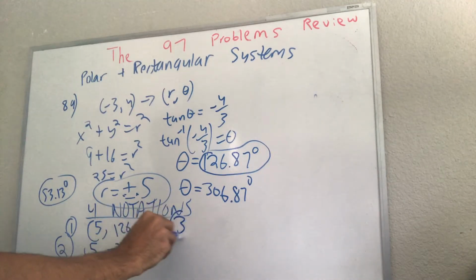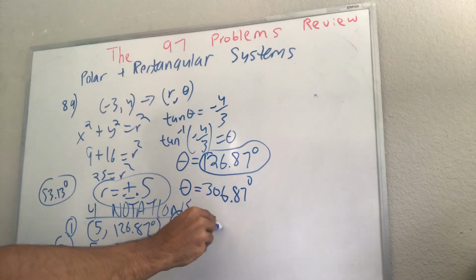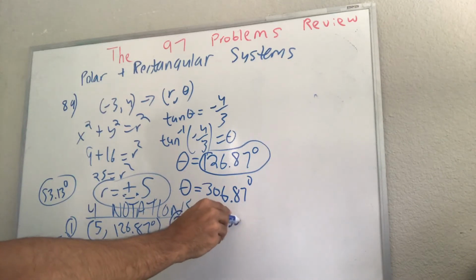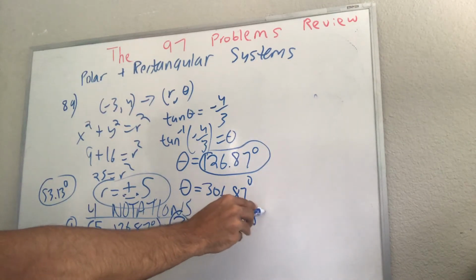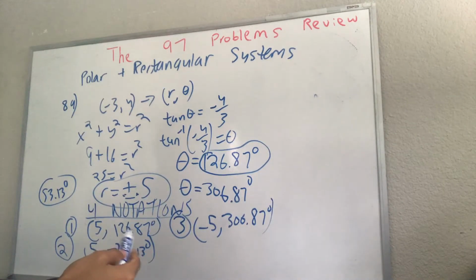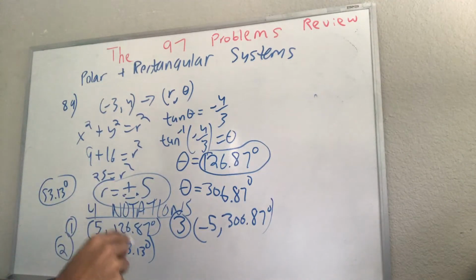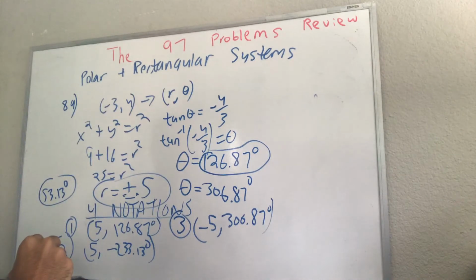Then we have the third possible one. This one is interesting because it is -5, 306.87 degrees. We know that this is a possible angle. It works, because tangent in the fourth quadrant is negative. It does give that -4/3. However, we know that our x, y is in quadrant 2.